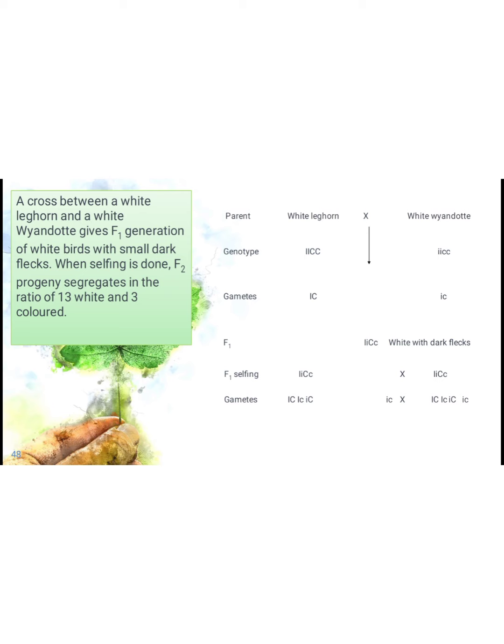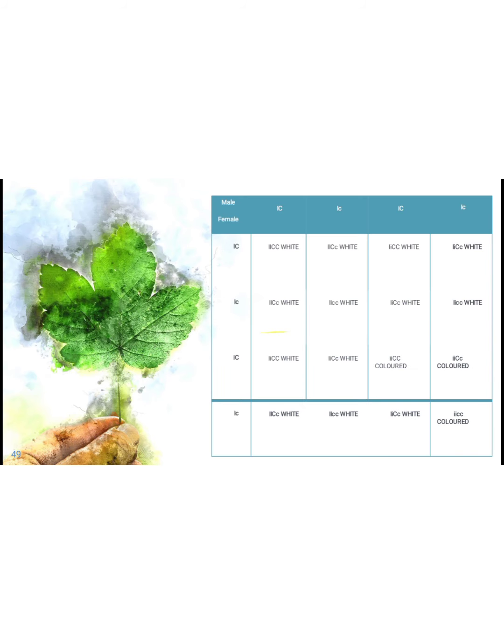For selfing of the F1, in the F2 generation gamete formation will be done. In a selfing board we can see how many offspring will be formed in the F2 generation. Let's see, crossing is done. On the upper side there are the male gametes, and on the longitudinal side the female gametes.